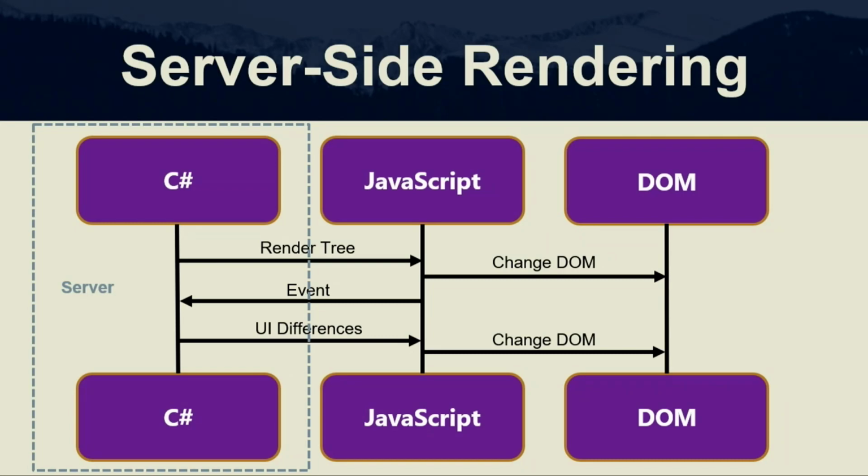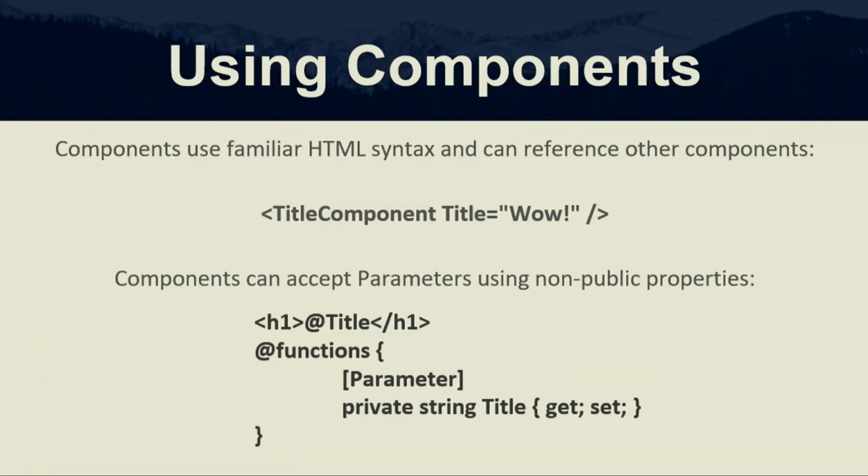So when you create components, they are declared very much just like any other HTML element, right? So it's a familiar HTML syntax that you use. You can define as many parameters as you want on these components, so they can accept parameters.